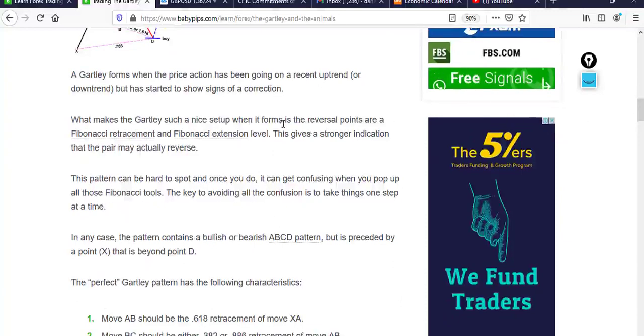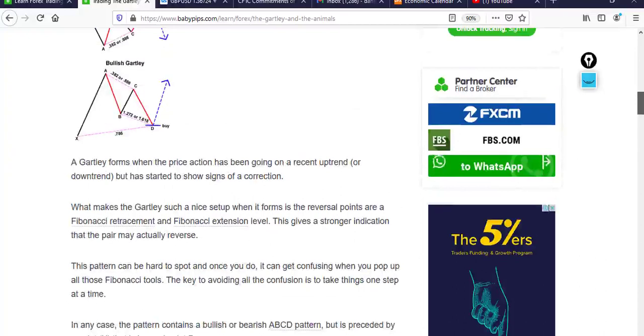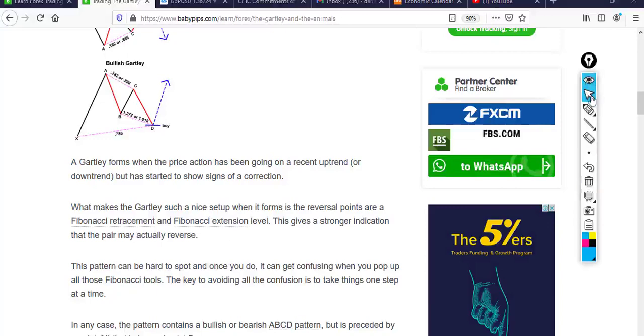What makes the Gartley such a nice setup when it forms is that the reversal points are Fibonacci retracement and Fibonacci extension levels. Where they are going to reverse once they are forming, those areas are Fibonacci retracement and extension levels. That is to say, they line up very well with the Fib retracement levels or the Fib extension levels. I hope you get that correctly.